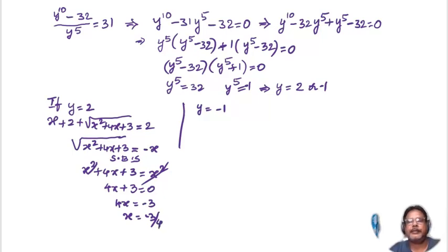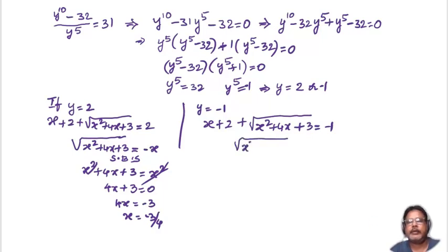Now here what will we get? X plus 2 plus root of x square plus 4x plus 3 is equal to minus 1. Now square root of x square plus 4x plus 3 is equal to minus 1 minus x minus 2. So this can be written as minus x plus 3.